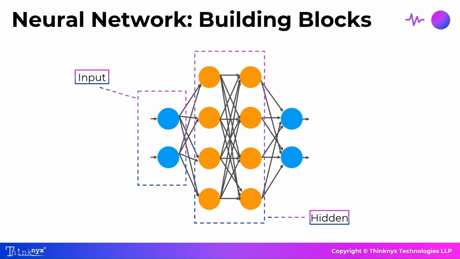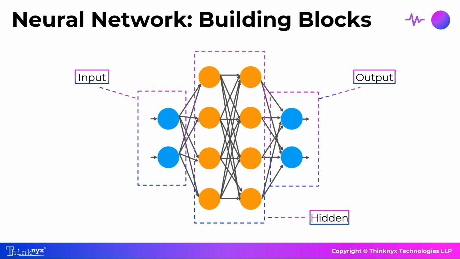The network learns to extract relevant features autonomously. Culminating our journey through the layers, we reach the output layer. This layer produces the final result or prediction based on the processed information from the hidden layers. The number of nodes in the output layer depends on the nature of the task. It might represent different classes in a classification problem or numerical values in a regression task.